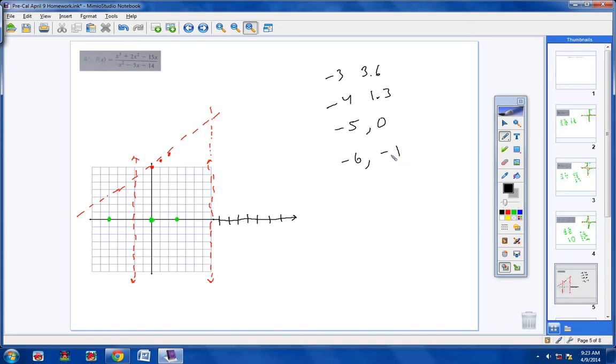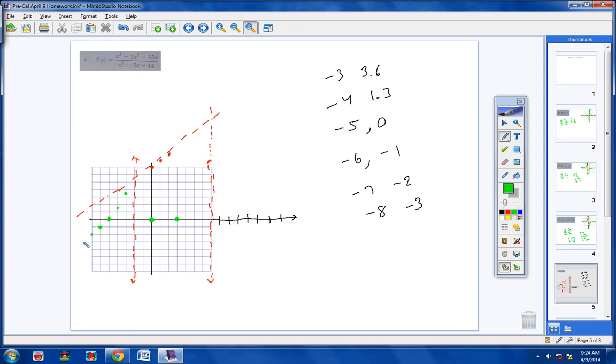I rounded that. Let's put a negative 7 in real quick. Negative 7 is a negative 2, and negative 8 is a negative 3. I rounded that. So very quickly, let's plot those points. At negative 3, I'm at 3.6, about right here. At negative 4, I'm at 1.3, which is about right here. And then negative 6 is negative 1, negative 7 is negative 2, and negative 8 is negative 3.